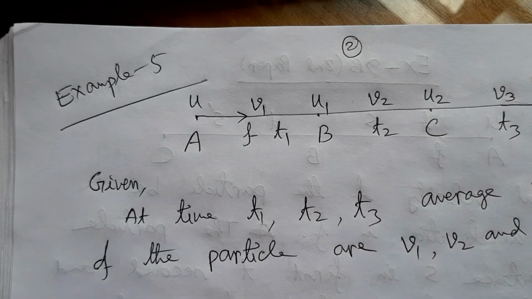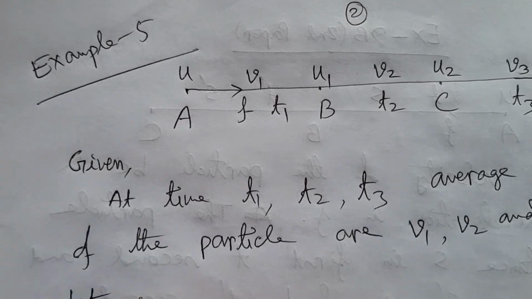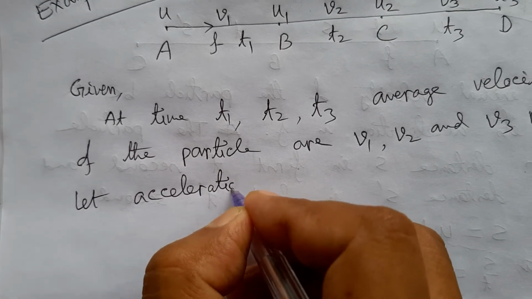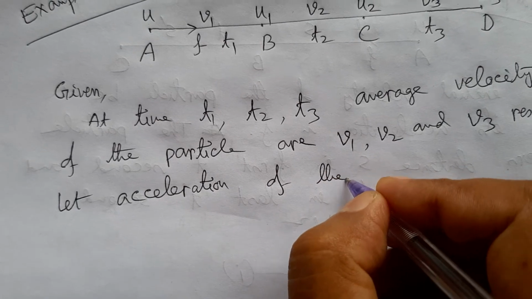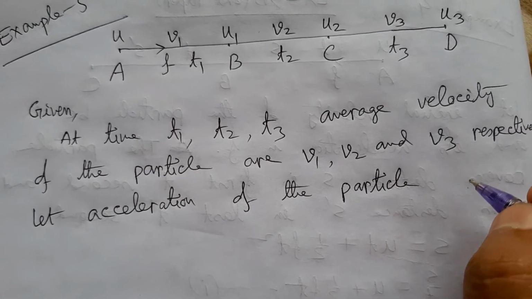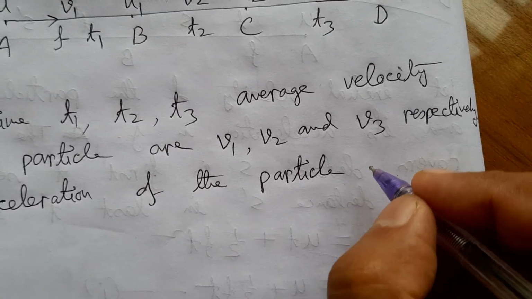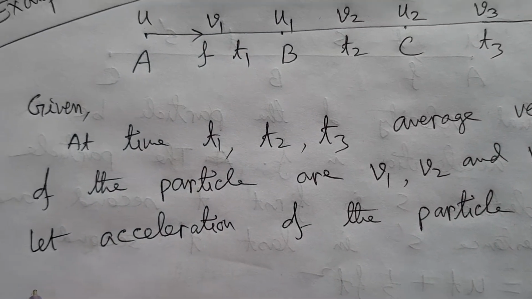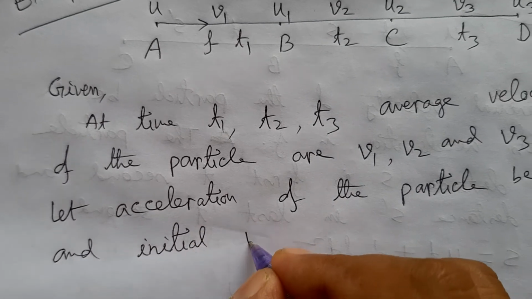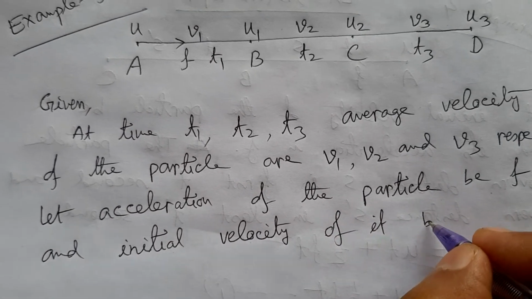Okay, now let the acceleration of the particle be f, and the initial velocity of it be u.